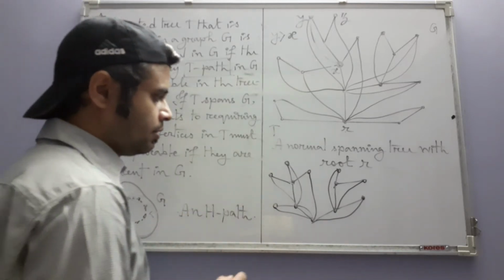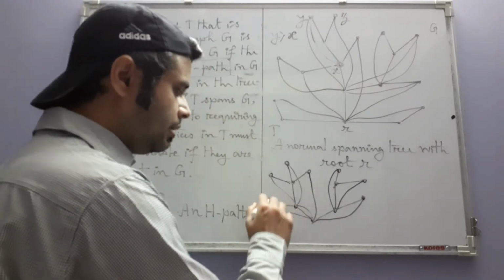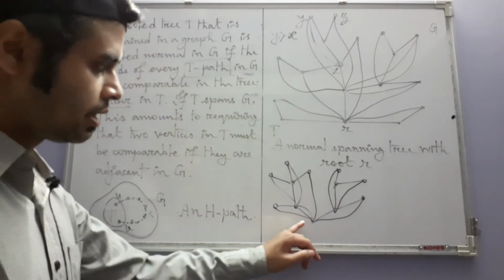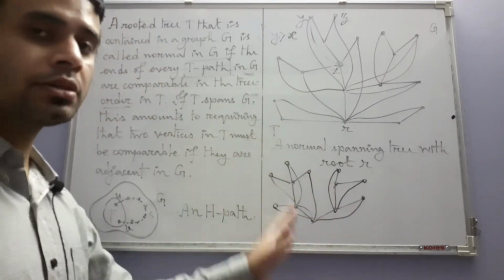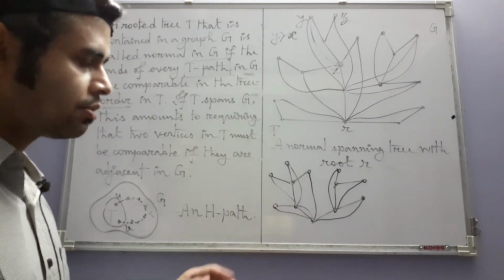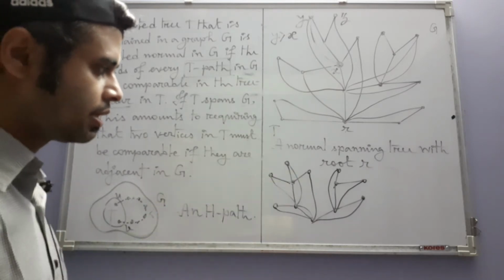We are drawing the entire thing in such a way that the tree becomes a normal tree in the graph. The graph somehow looks just like the tree, only with some extra things.